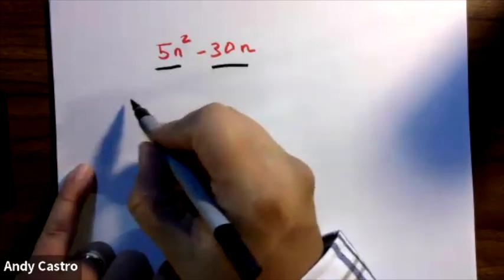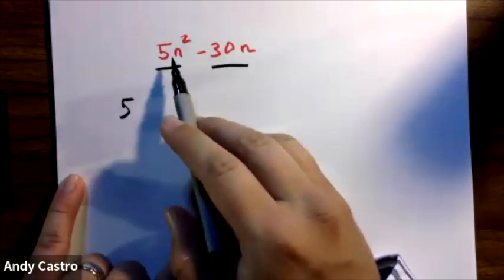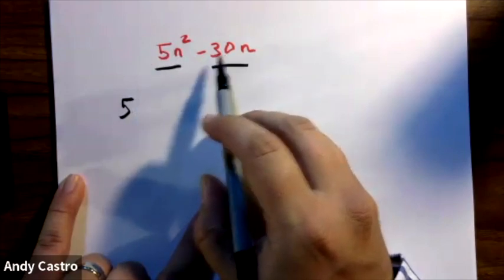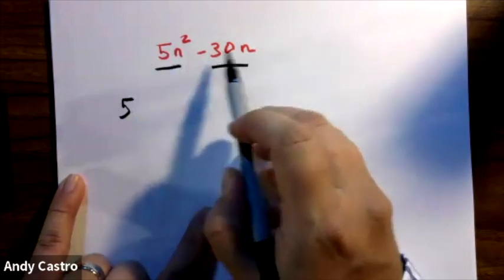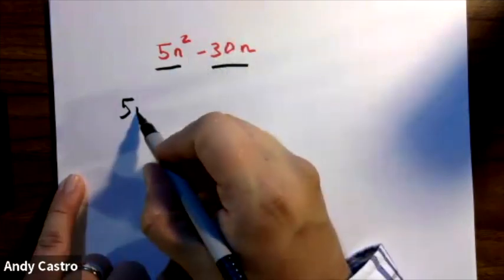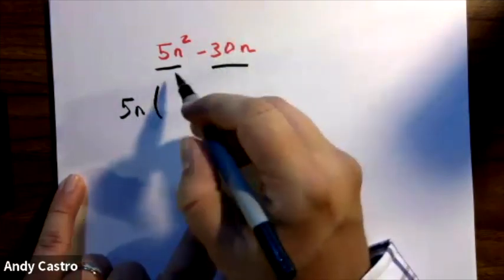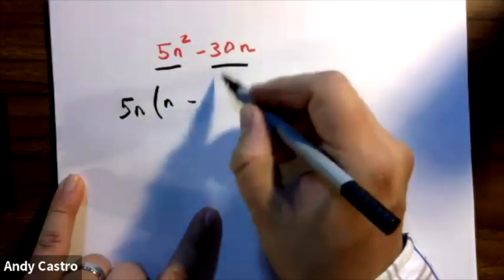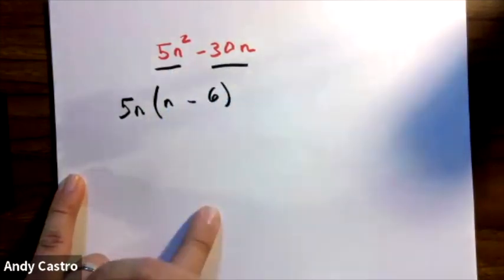So if I pull a 5 out, I would be left with a 6 here. I also notice that I can pull one n out of each of these. So I can pull a 5 and an n out, leaving just an n here and leaving a negative 6 there.